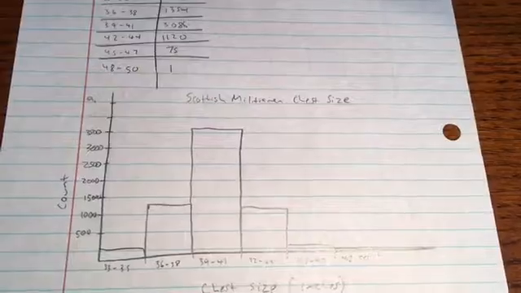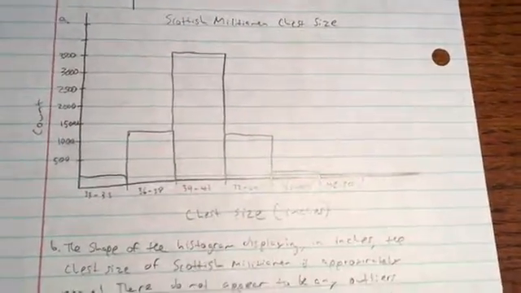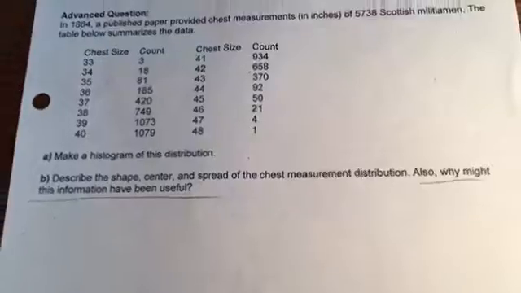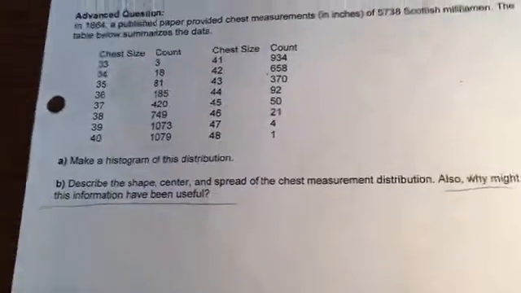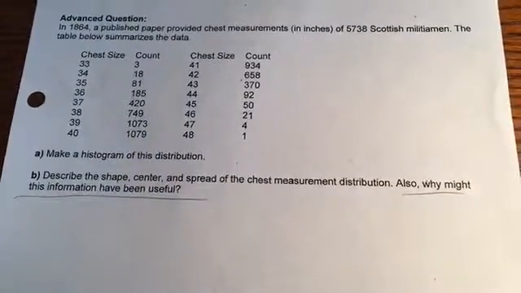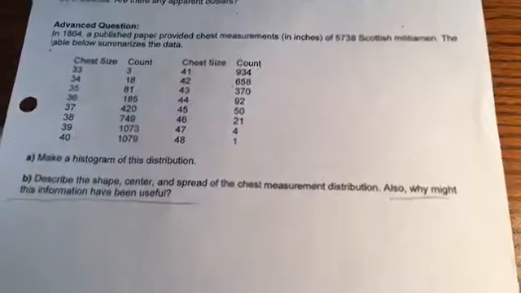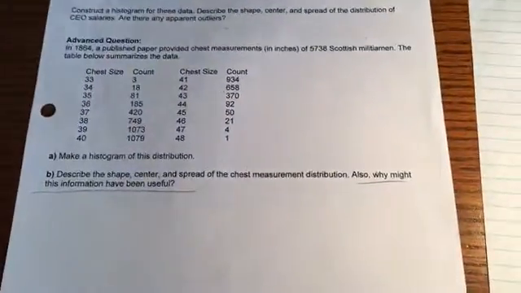I'm assuming that they were mass-produced in some form, so having an idea of how big these people were, what kind of range there is in the size of their chest, that might be very relevant information when you're making thousands and thousands of shirts. You want to make sure you get that right. So that pretty much answers the second question.